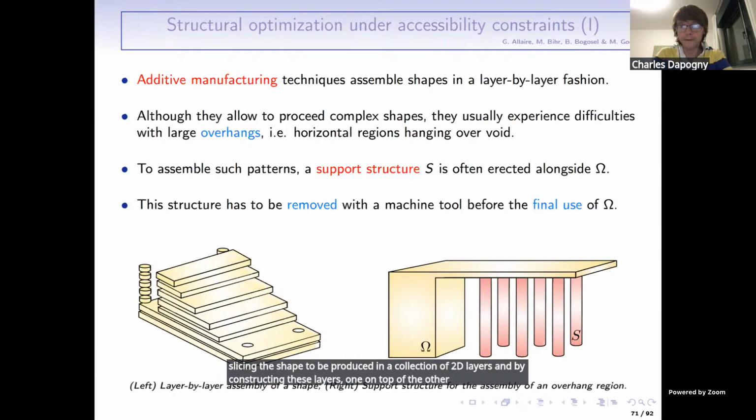As you know, there is a terrible thing about overhang patterns, like very large horizontal regions hanging over void: they are difficult to assemble for a number of reasons. To alleviate this issue, we erect a support structure S alongside the shape, but this support structure is to be removed at the end, before the final use of the shape omega.